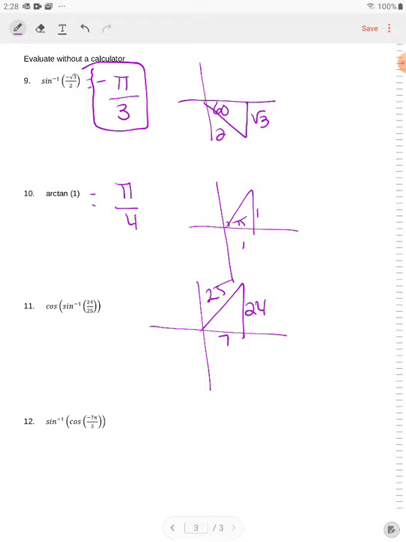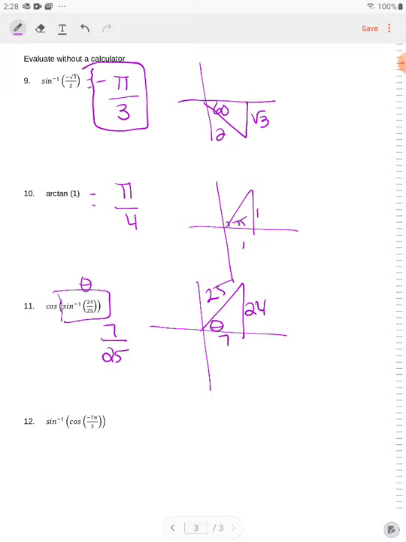So off the picture, cosine, because this piece here is the angle, theta, would be 7 over 25. And again, if you want to double check on the calculator, we check it and we get the answer.